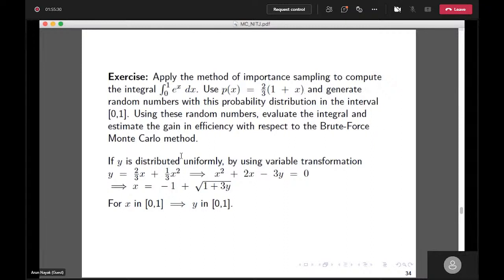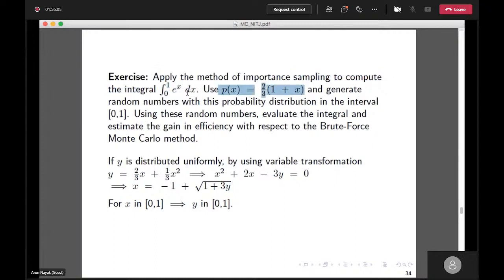So here, if you transform from uniform distribution to this distribution p of x, then you have to do the following transformation. You generate y as uniformly distributed, then to go to x, which will be distributed according to this distribution, you transform this way. So y is generated here as uniform, and then you do this transformation, and x will be generated with this distribution.